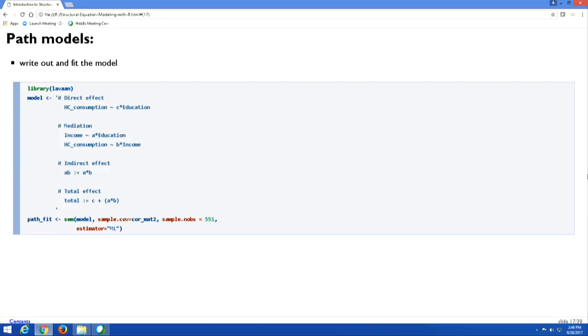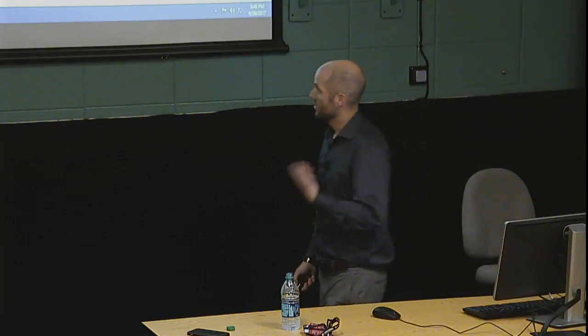The statistic for that is multiplying the two mediating coefficients. So I'm telling the software, the colon and equals sign means there's a user-specified statistic I want you to show me, so I don't have to calculate it myself. And then the total effect is just the effect of education on healthcare consumption, irrespective of any mediating relationship.